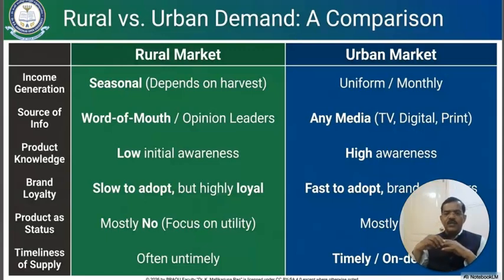The product status mostly they don't have a status, but here the product has a status symbol in urban markets. The timeliness of supply, they required timely supply and demands.